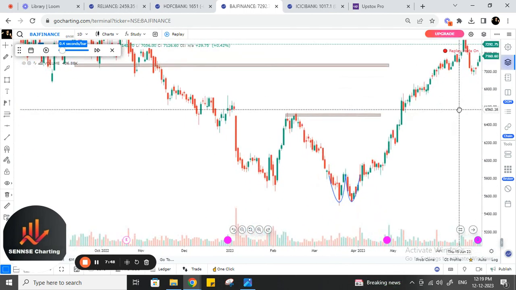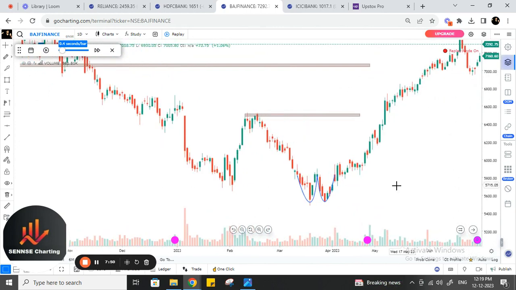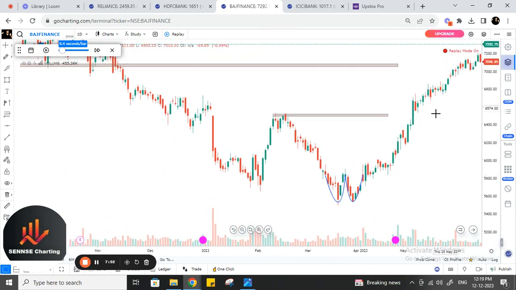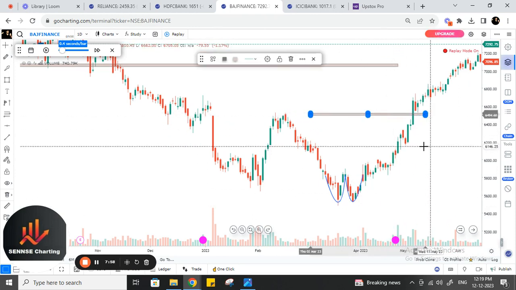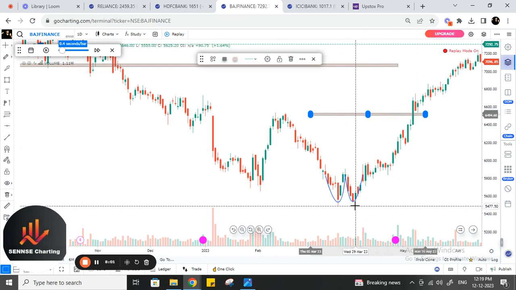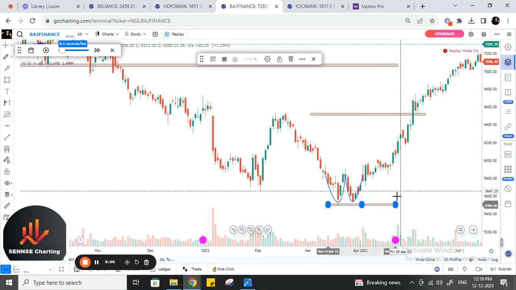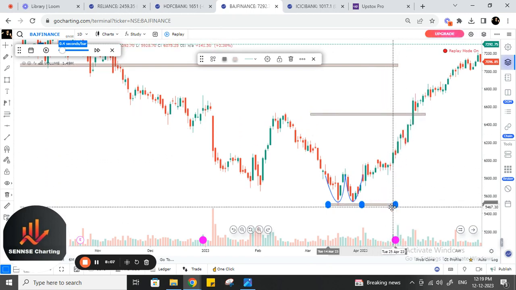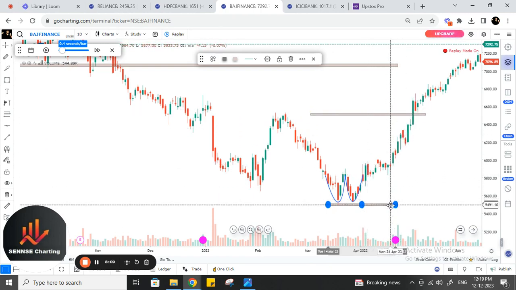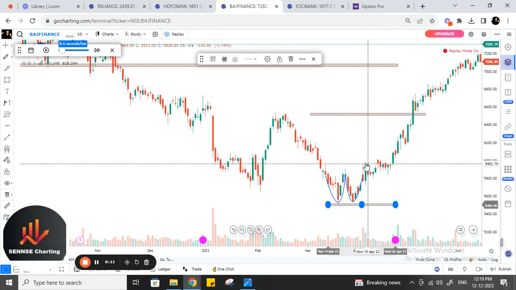So now, how do we save this profit that the market is giving rather than giving it back to the market? Whenever the market reaches these targets, our first stop loss is at this particular value, and when this target is reached, our entry is here. So I will shift my stop loss to the entry point.